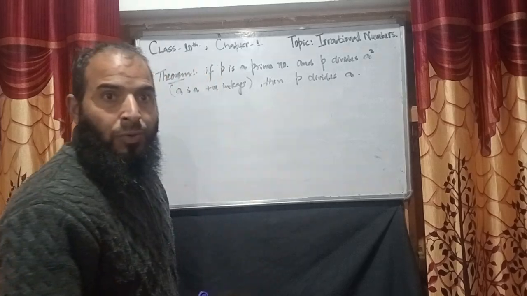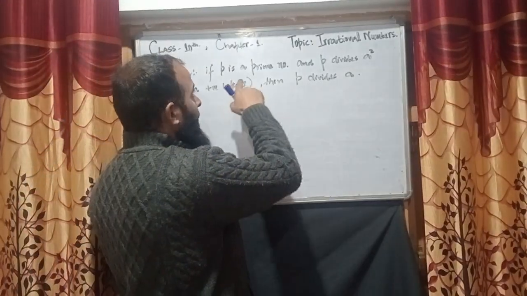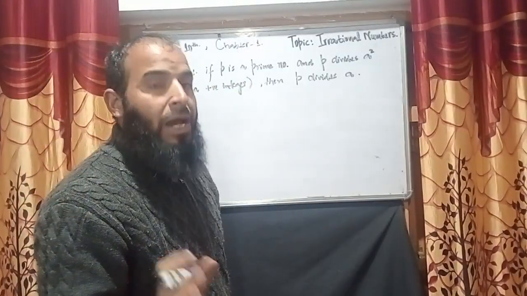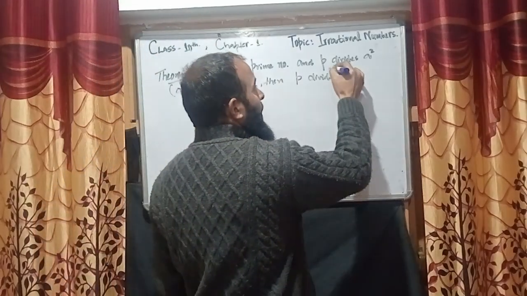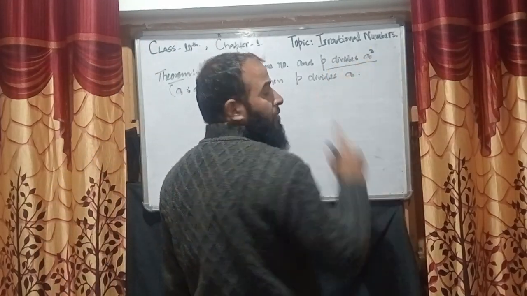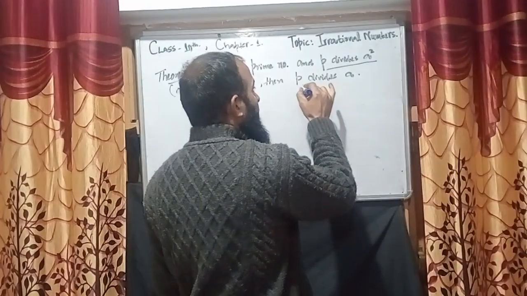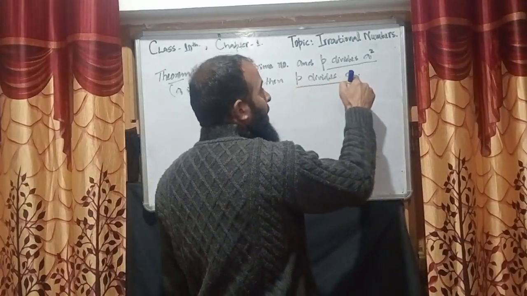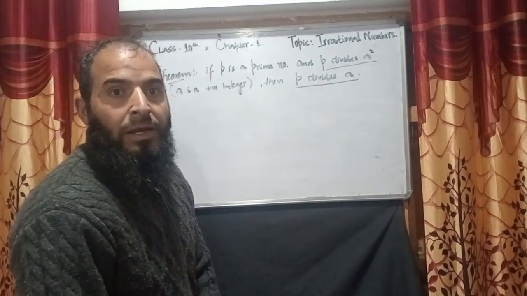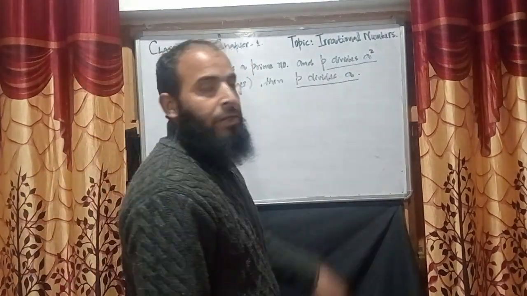So the result says that p is a prime number and this prime number divides a square. If it divides the square of any number, then it will divide the linear power of that number.